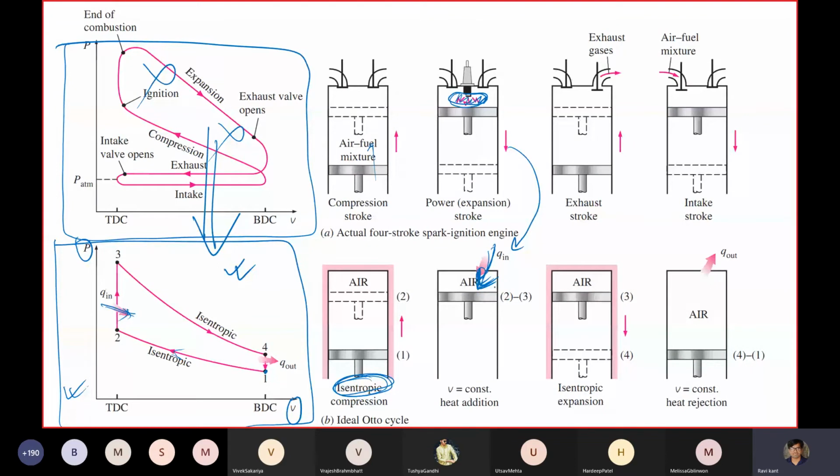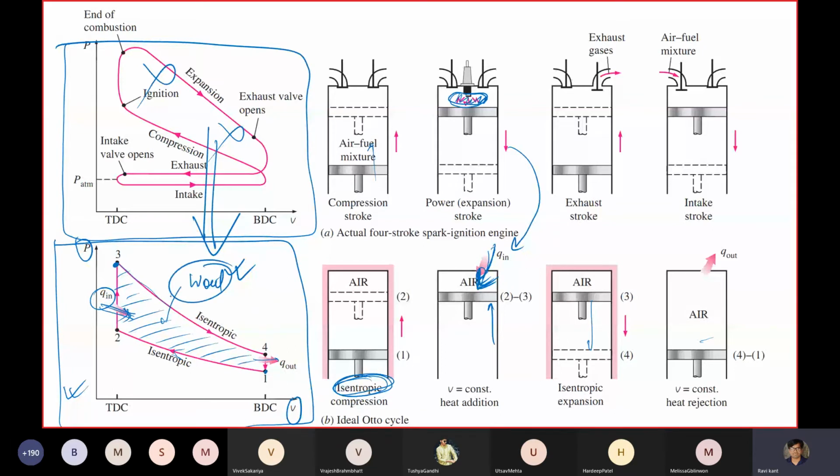At the same moment when the piston arrives here, the combustion happens quickly, and within that moment Q in has been added, and it goes to state 3, and then power stroke isentropically again, and then exhaust. Q out happens, and in between we have the area under the curve. The area under the curve is nothing but your work out.